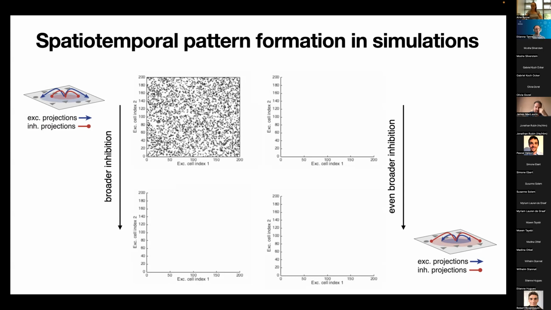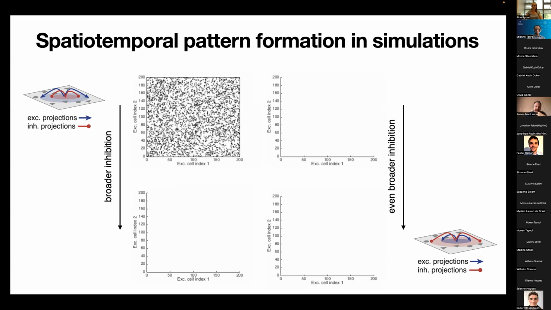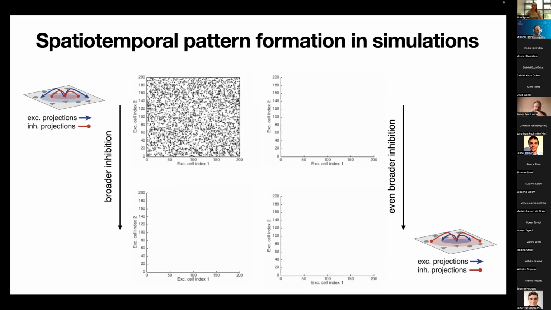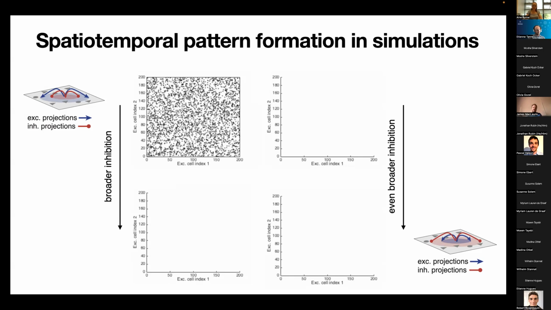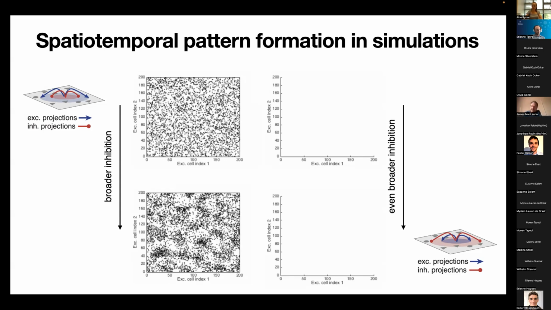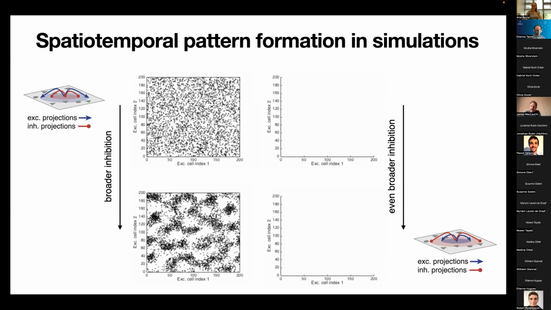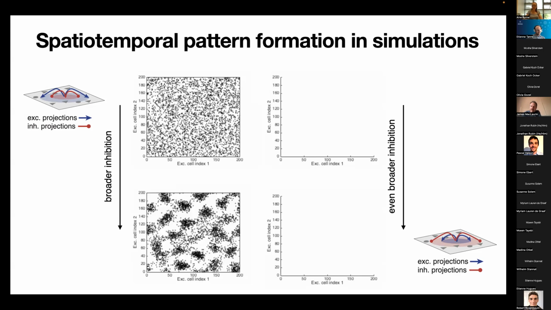Even though this is a spatially organized network, it's receiving spatially homogeneous input, and the spiking statistics are spatially homogeneous. Then as we broaden inhibition little by little, the same type of changes that Olivia was talking about, we see these spatiotemporal dynamics start to arise.